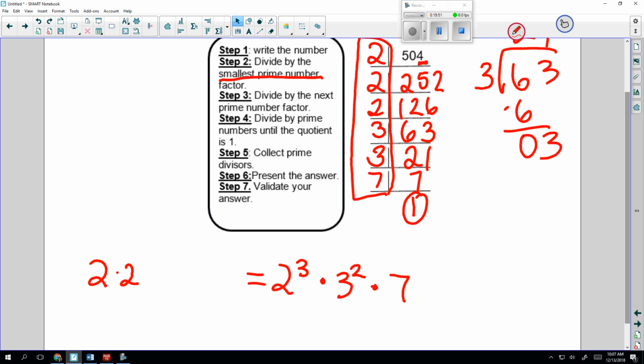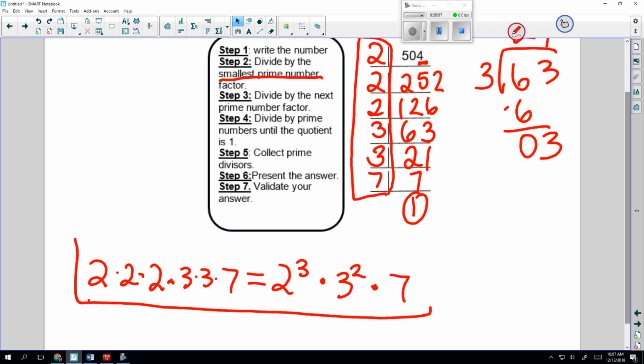Which means the other way I can write this is 2 times 2 times 2 times 3 times 3 times 7. Okay? So remember, I'm not done until I write an expression like this or using exponents.